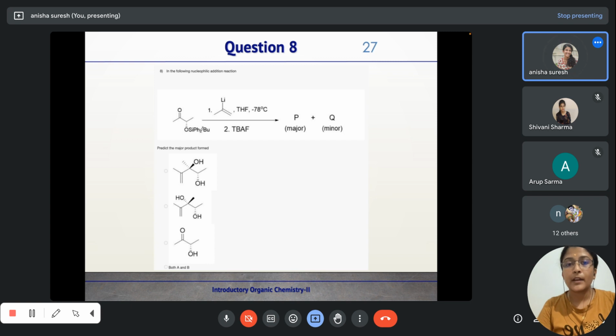Now we are adding this nucleophile at minus 78 degrees Celsius so as to ensure the stereoselectivity, and TBAF will be for deprotecting this TBDPS group at a later stage. So we will be getting two products, P and Q, major and minor. What will be the major product? That is P.